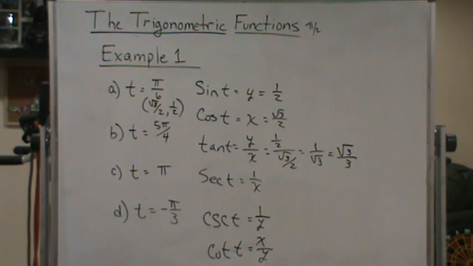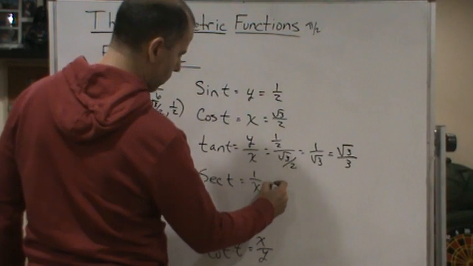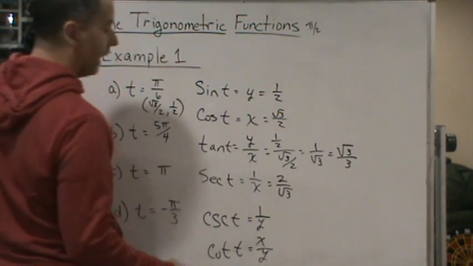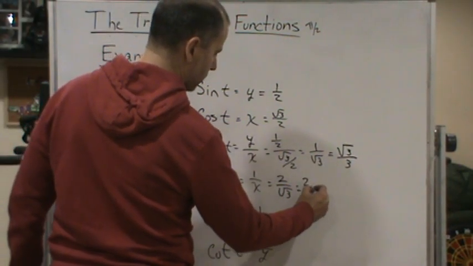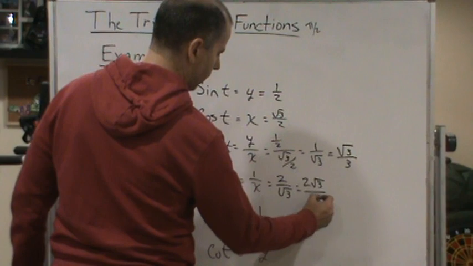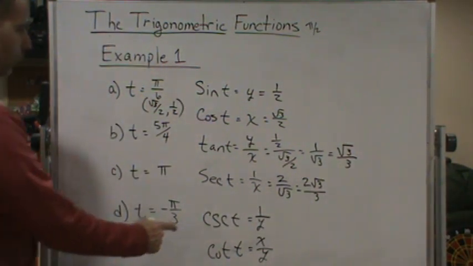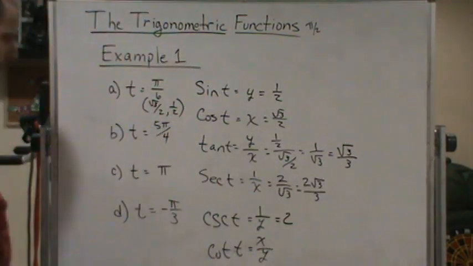And then 1 over x, what? 1 over x is the reciprocal of cosine, so this is going to equal 2 over the square root of 3. But again, we can't leave it in that form, so this is going to turn out to be 2 root 3 over 3. And then 1 over y is equal to 1/2, so the reciprocal of that is just 2.